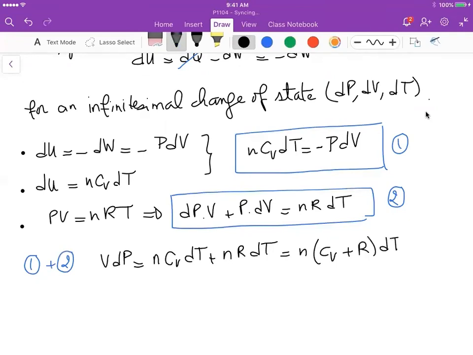With Cv plus R, as we have just seen previously, nothing else than Cp. So from this we can deduce a new equation given by V dP equals n Cp dT.